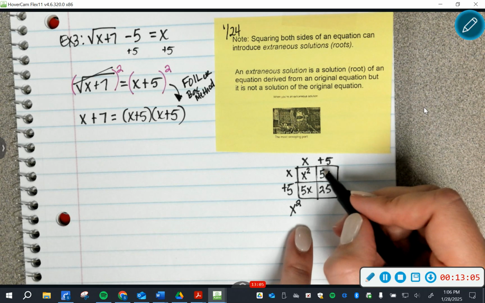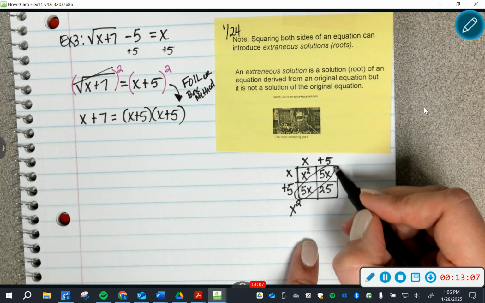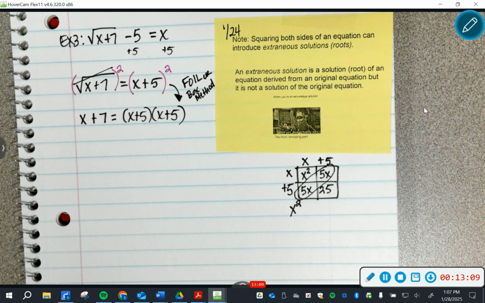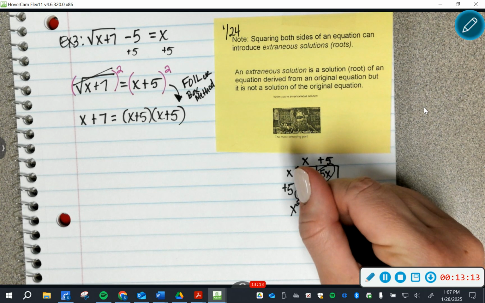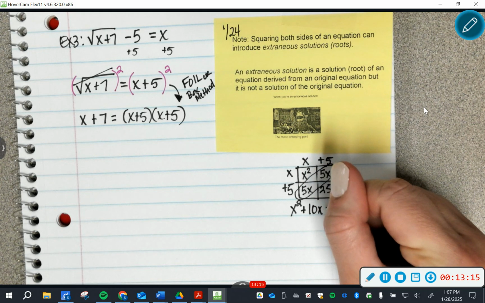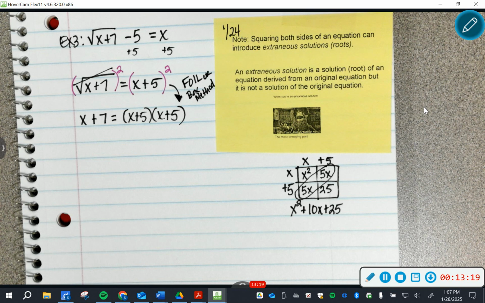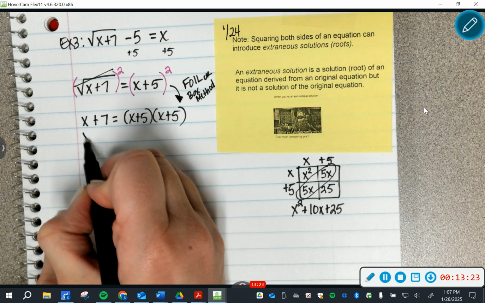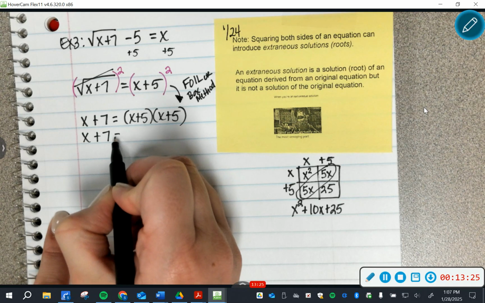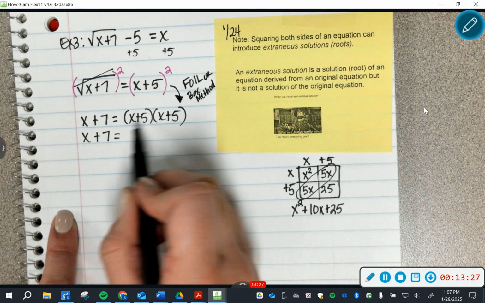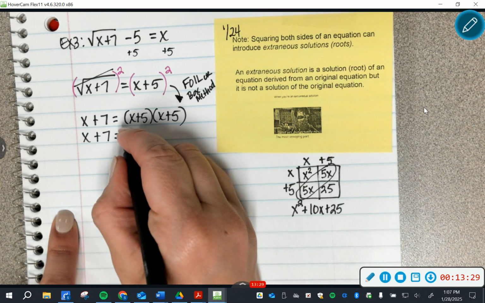So x squared, and then these are like terms, right? 5x and 5x are the same term. So that makes 10x plus 25. Okay, now I can come back here and write that as the answer to x plus 5 times x plus 5.